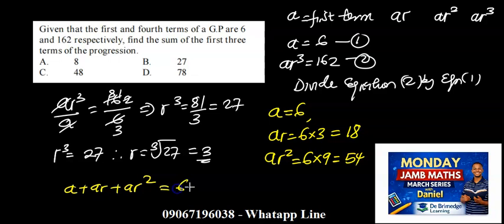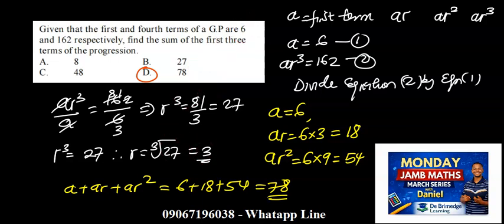That's going to give me 6 plus 18 plus 54. If I add that properly, that's going to give me 78. So the sum of the first 3 terms of this geometric progression is equal to 78. So this is it.